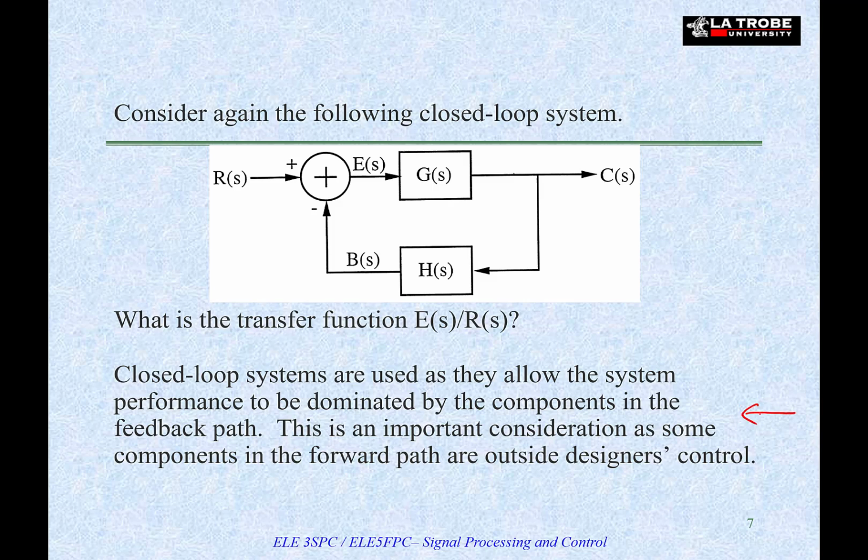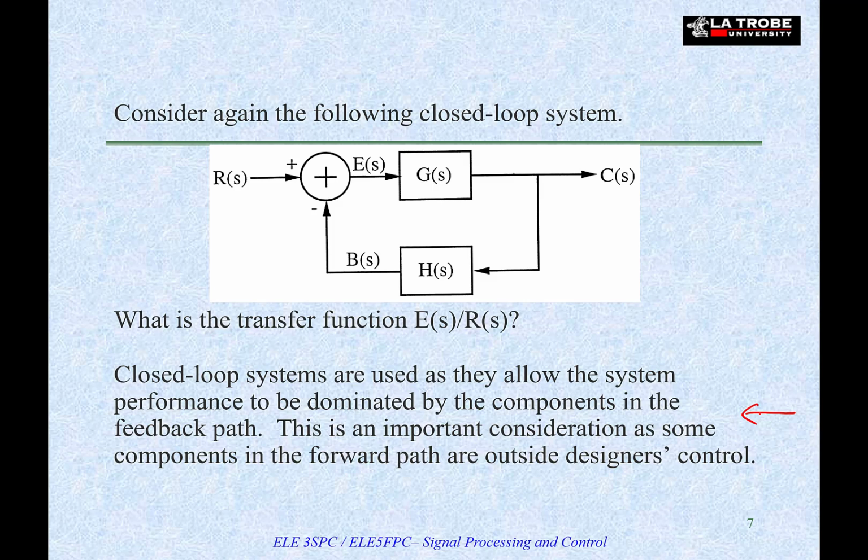This paragraph shows what I just mentioned. An advantage of closed-loop systems over open-loop systems is that closed-loop systems allow the system performance to be dominated by the components in the feedback path, which was clearly shown in the previous slide.